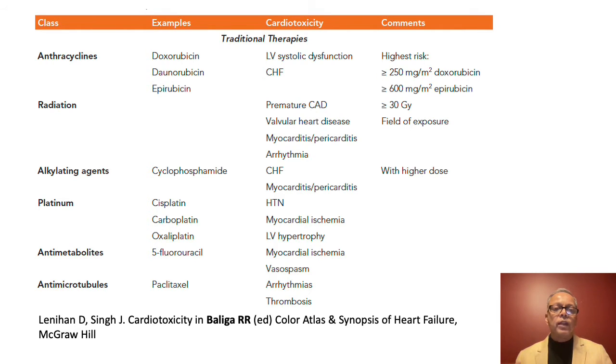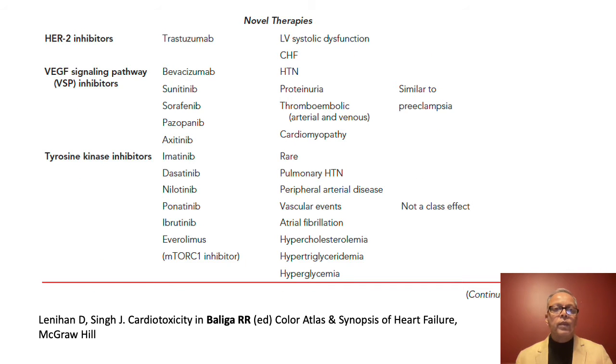Platinum agents like oxaliplatin, cisplatin, carboplatin can cause myocardial ischemia, high blood pressure, and LV hypertrophy. 5-fluorouracil can cause vasospasm, myocardial ischemia, and paclitaxel can cause cardiac arrhythmias and thrombosis. The novel therapies, including trastuzumab and the VEGF signaling pathway inhibitors, can cause hypertension, proteinuria, cardiomyopathy.